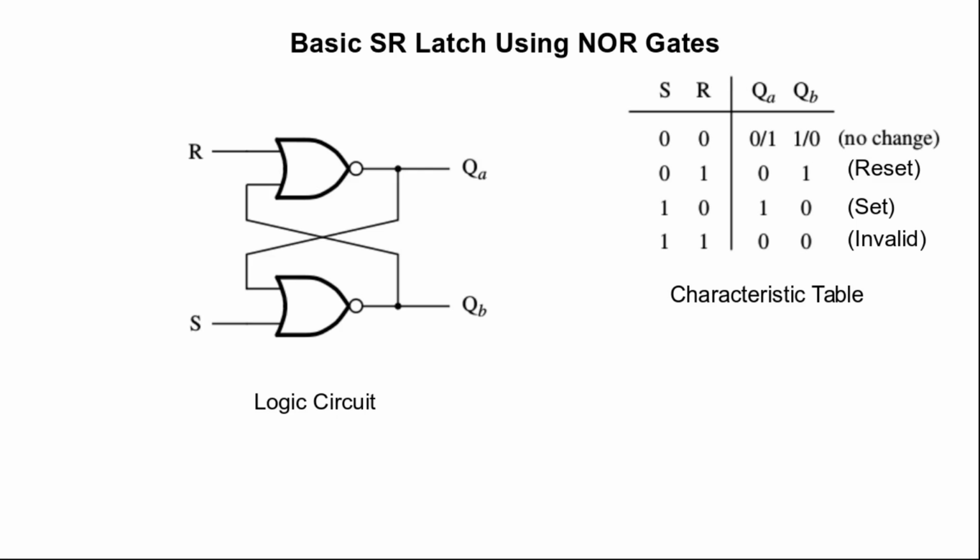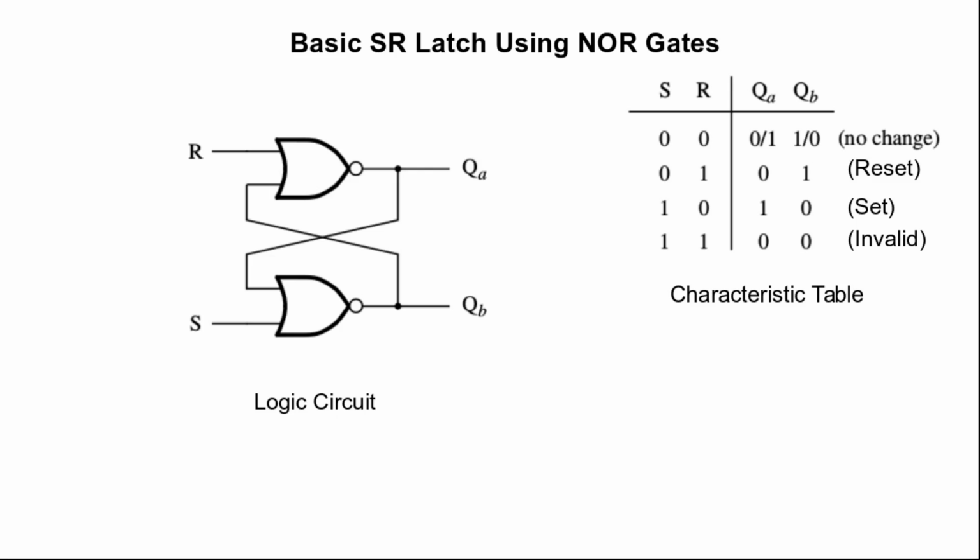Then we also saw that when we give both the S and R inputs equal to 1, both the QA and QB outputs become equal to 0, 0. And since QA and QB should be the complement of each other, we said that S equal to 1 and R equal to 1, we should not use this input because it takes the latch to an invalid state.